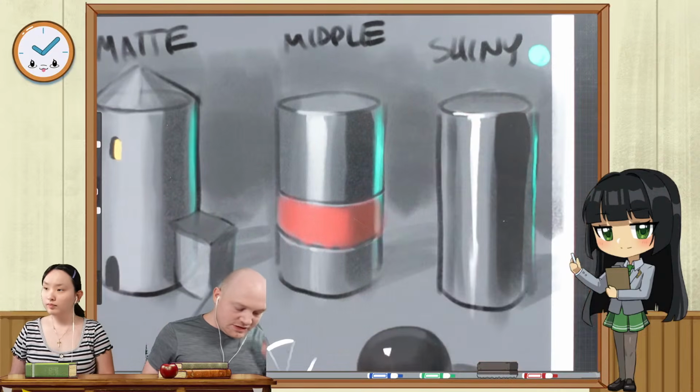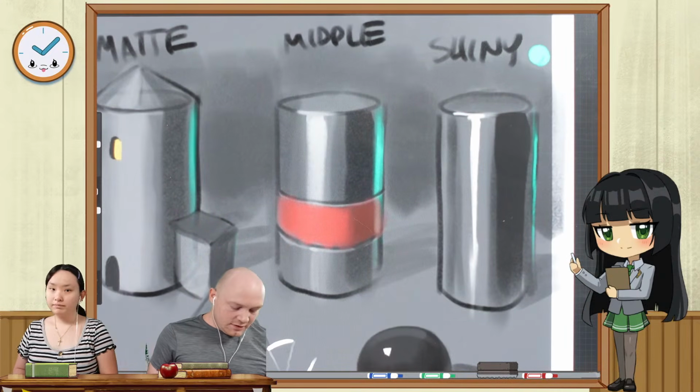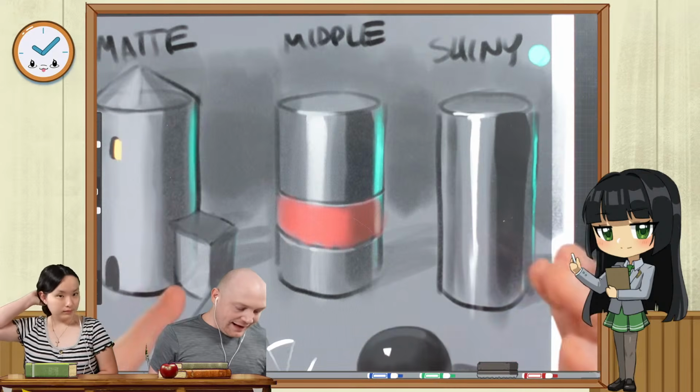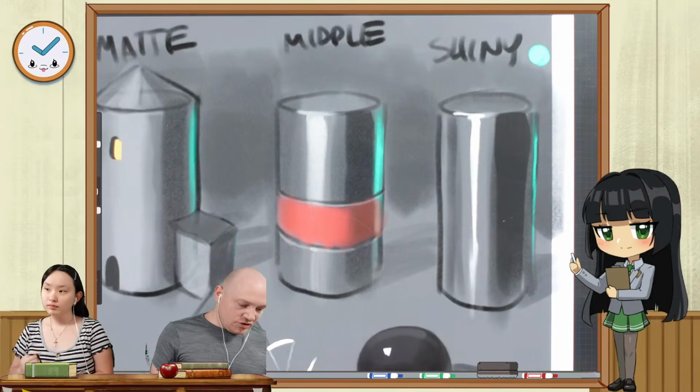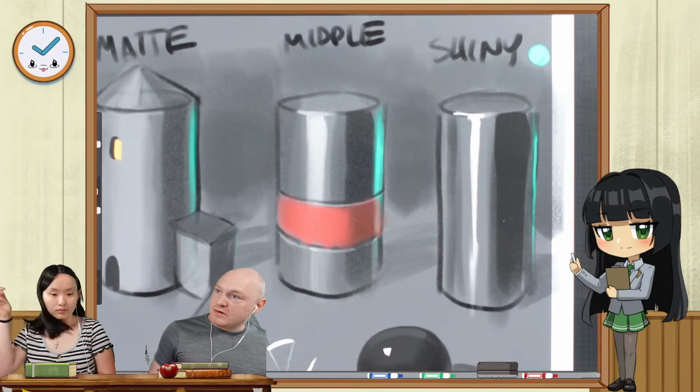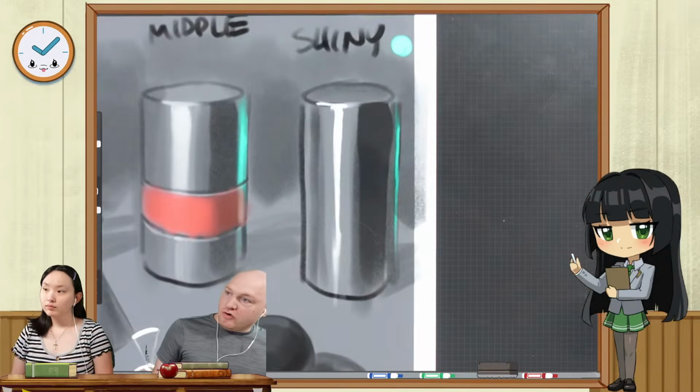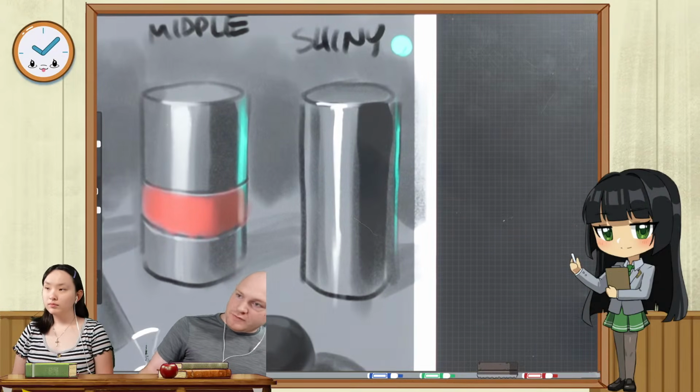As your material becomes more reflective, your highlights, lights and darks start becoming crisper. And as you move into chrome, it becomes a literal reflection of the world. It's basically a mirror ball.